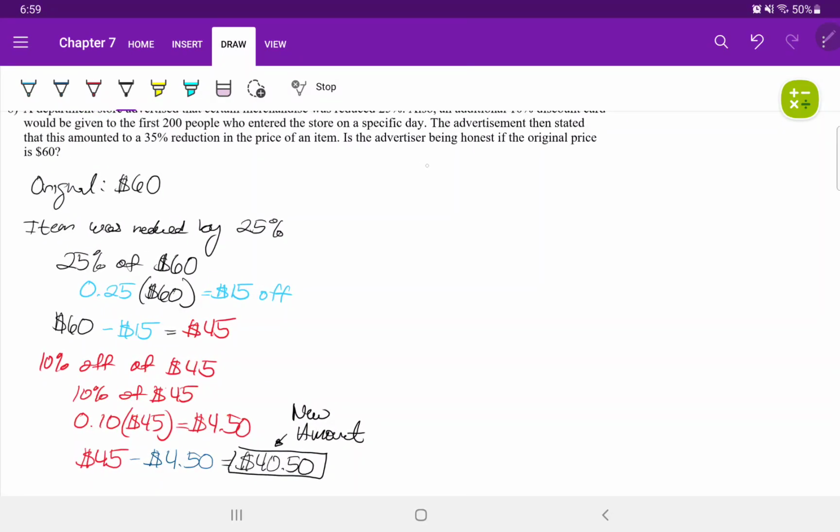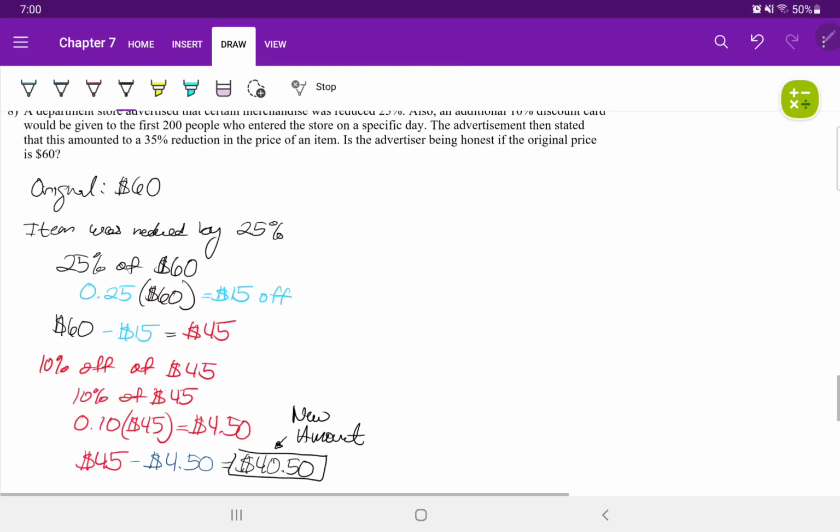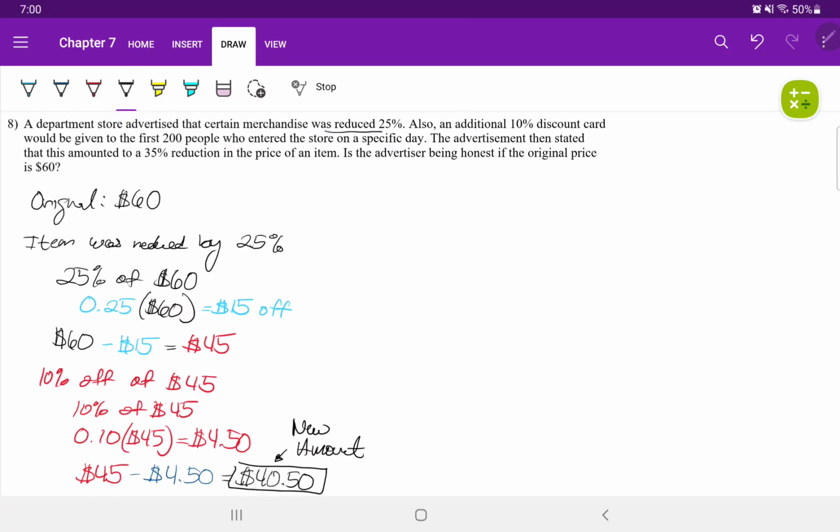Now, let's see here. It says, is the advertiser being honest if the original price is $60? Well, it's hard to determine that, but we are going to determine that by looking at something else. It says using both of these discounts will amount to 35% in reduction of the original price.